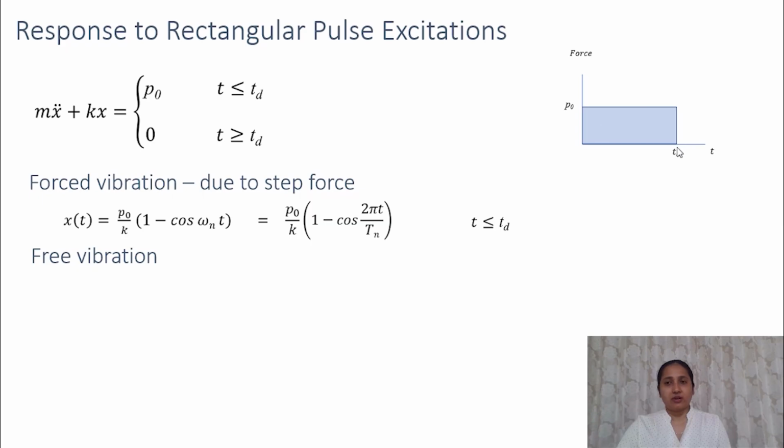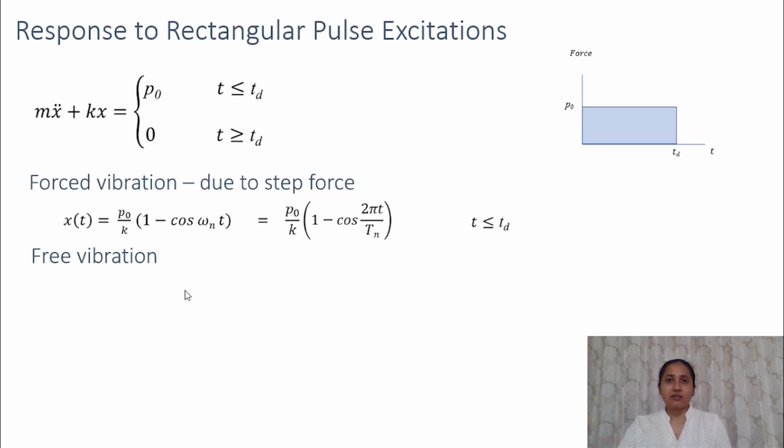After this pulse, that is when t is more than Td, the system will experience free vibration. Because of this step force, the system is vibrating, and at Td it will have some displacement and some velocity. If those displacement and velocity values are non-zero, then that will cause a free vibration of the system.